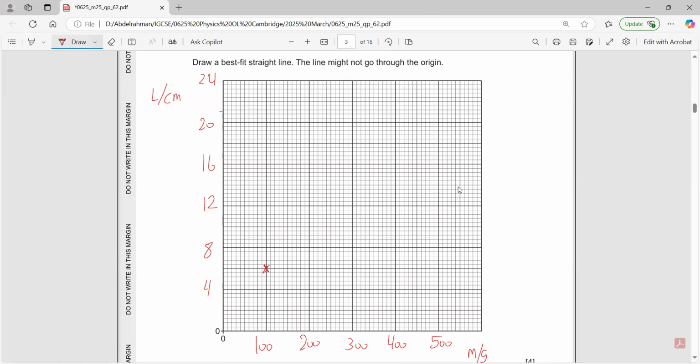Because 9.2 is exactly 3 squares above 8. Every small square is worth 0.4. So 8, 8.4, 8.8, and then 9.2. So this is an exact point, 9.2.